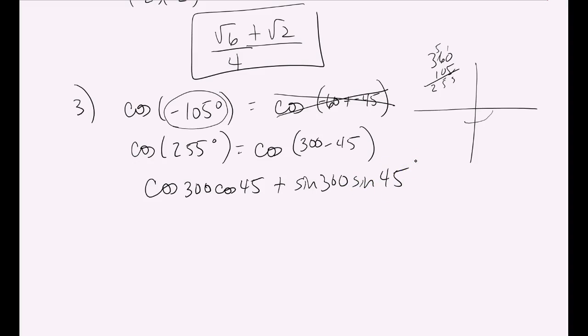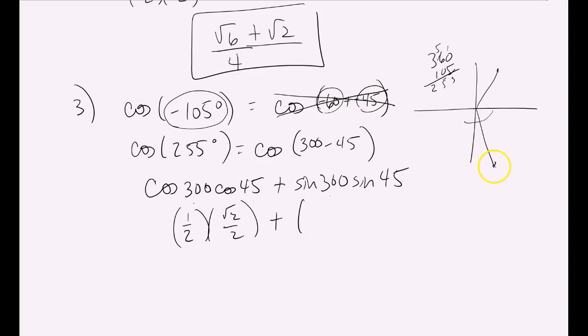And now I don't have to worry about a bunch of negatives like I was doing up here, because then there'd be negatives here and it would be weird, and no, let's not do that, okay? So this is a way better way, and now we just use our circle. So at 300, you're over here, so you match this one up here. So cosine of that is going to be 1/2.